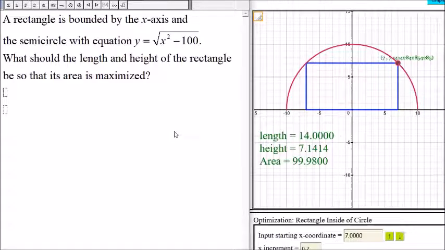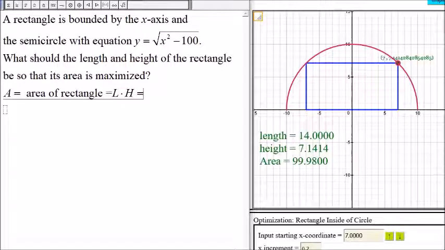And so the area would be the length times the height, the length is 2x and the height is y. So this becomes 2xy.